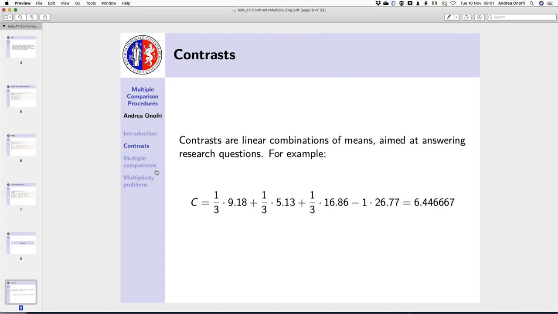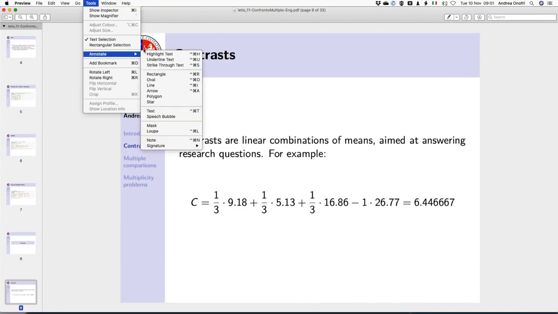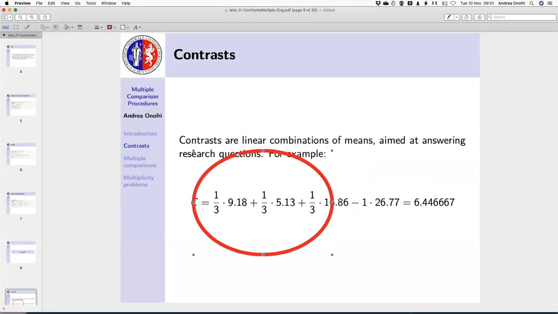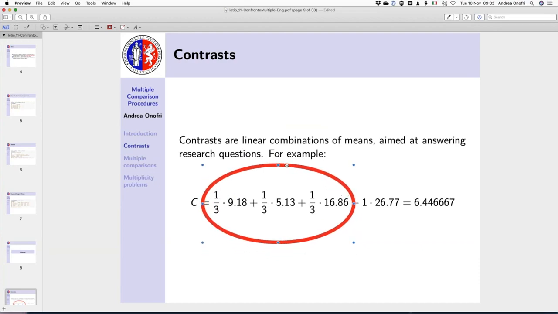If we take this first part here, we are summing the first three means and dividing by 3.